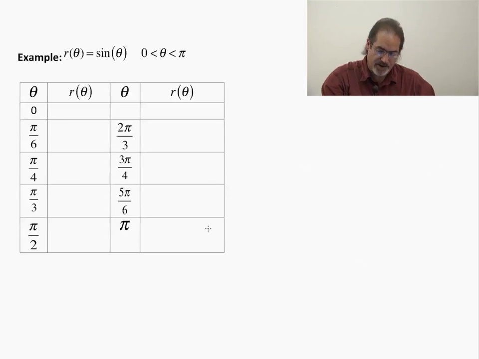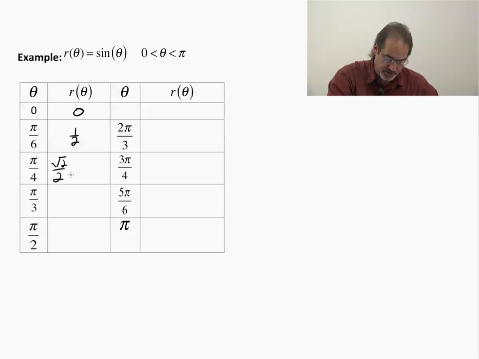Okay, so what if I now consider r of theta equals sine theta between 0 and pi? Well, sine of 0 is obviously 0. Sine of pi over 6 is a half. Sine of pi over 4 is root 2 over 2, which is approximately 0.7071. Sine of pi over 3 is root 3 over 2, which is approximately 0.8660.